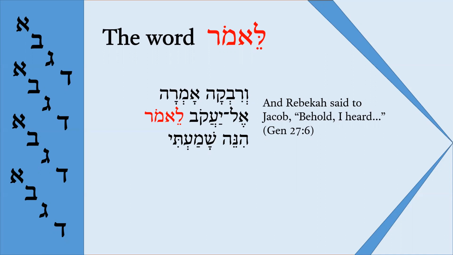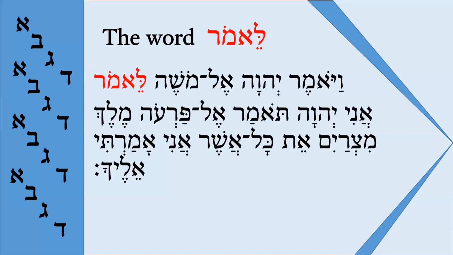Hine is behold, shamati, shama is to listen. By the way, you know this word, shama, yes? Shamati means I heard. And she continues her direct speech. So you can see it's not very difficult, it's very easy. If you have any questions, you can just stop me. And if not, we can continue.